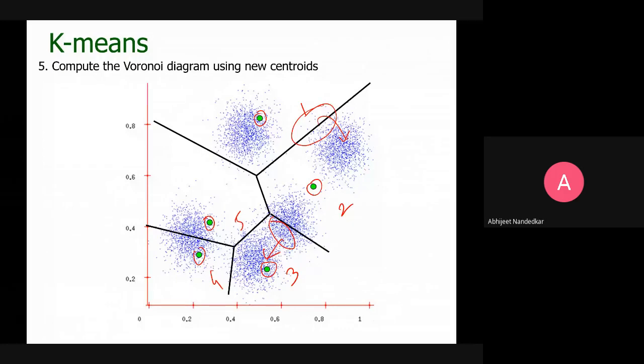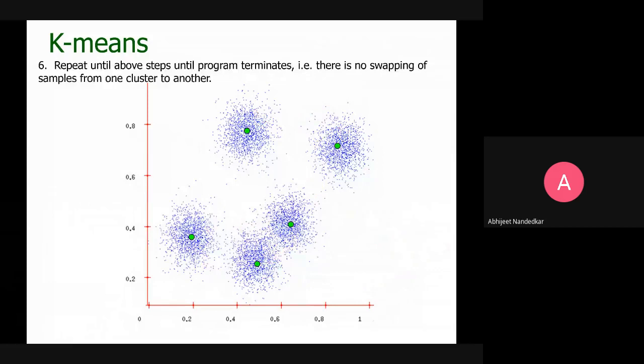Okay, since many samples are getting shifted because of this shift in centroid, we need to recalculate centroid. And we will do this procedure of shifting the samples and recalculating the centroids till there are no shifts.